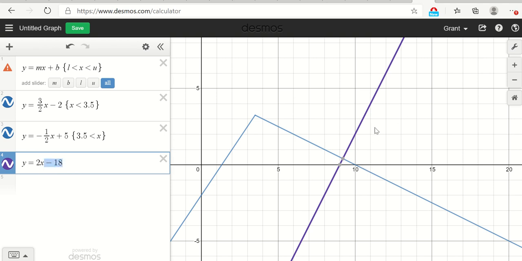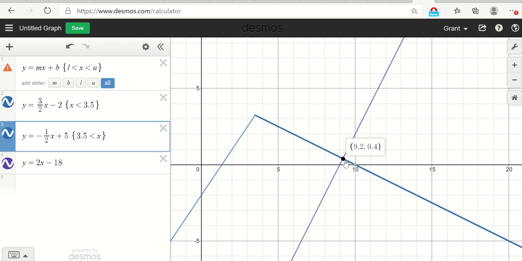And now let's look where this purple line crosses this particular blue line. This purple line crosses this blue line at an x value of 9.2. That's what Desmos tells us if you start clicking around. And if you want to only allow x values for this particular line that are larger than 9.2, you can absolutely do that.